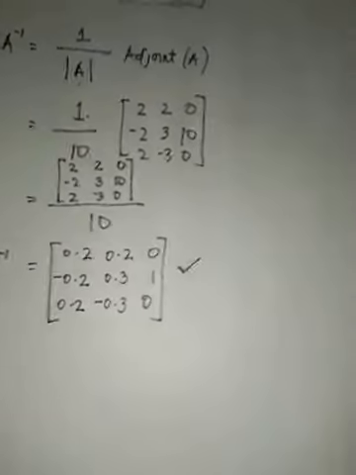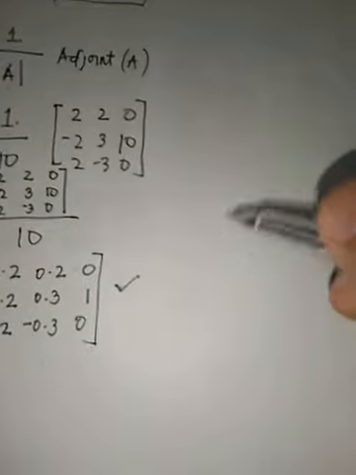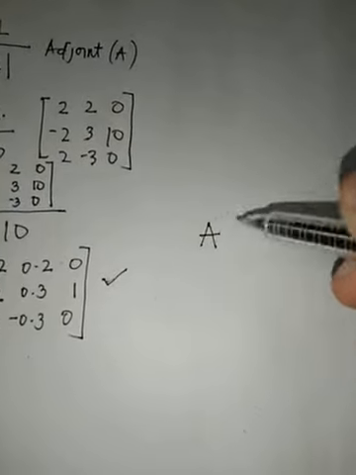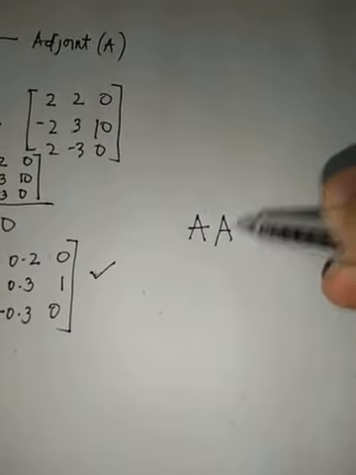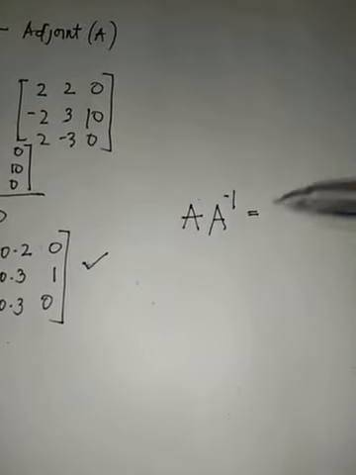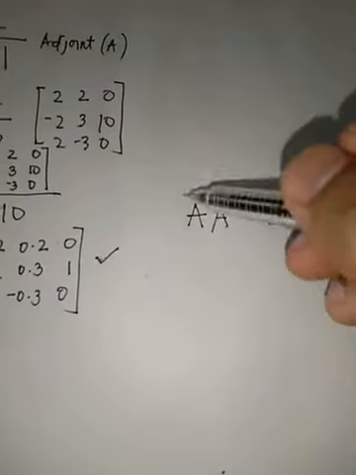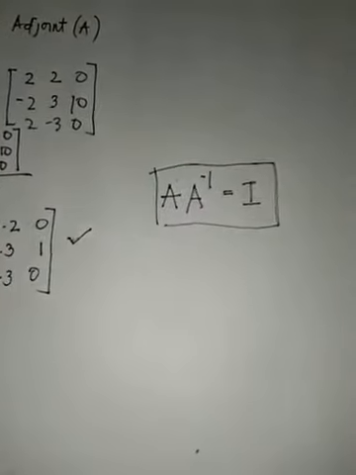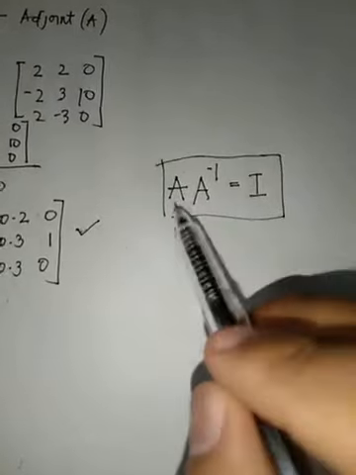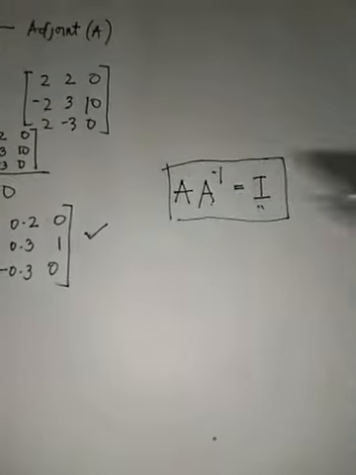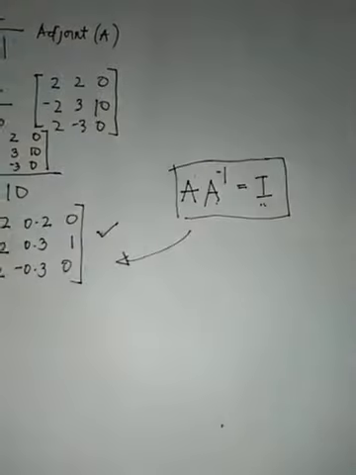Para sure kayo na ito tama ang sagot, pwede nyo gamitin yung proof, no? Yung kanina, yung inverse of A times A should be equal to the identity matrix. No? So, dapat, kung i-multiply mo ito, dapat ang result niya is identity matrix. So, i-check ninyo, ha?